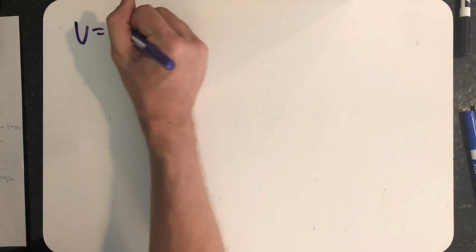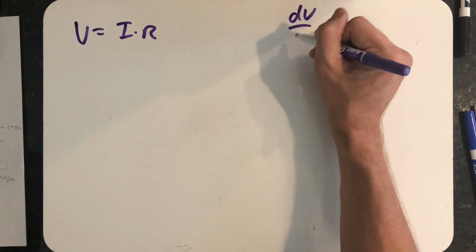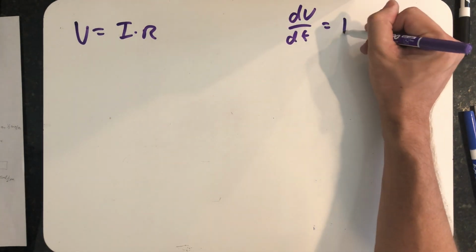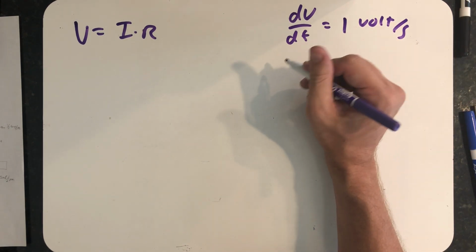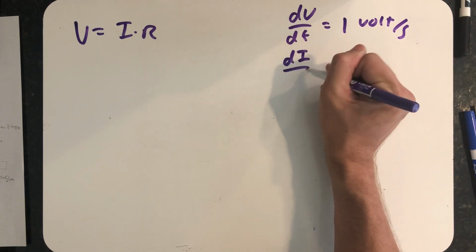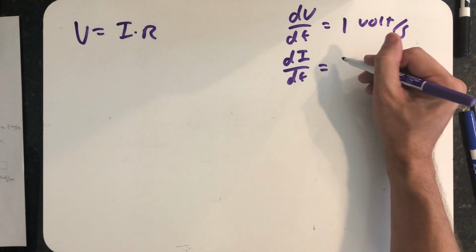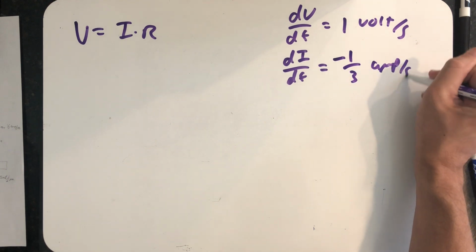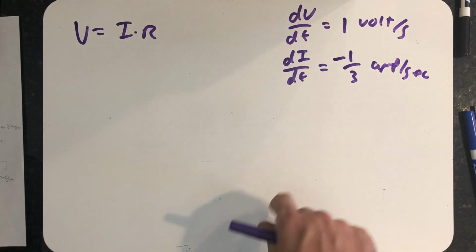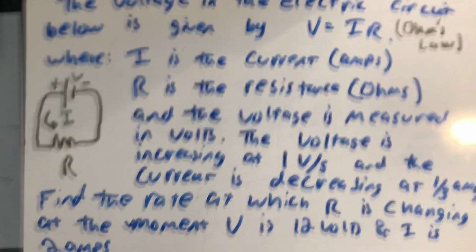So V is equal to I times R. The rate of change of the voltage, dV/dt, is 1 volt per second. The rate of change of the current, dI/dt, well, I'm told the current is decreasing at a rate of 1/3 amp per second. So when I write this down, it needs to be a minus 1/3. The voltage is increasing, meaning its rate of change is positive. The current was decreasing, meaning its rate of change was negative.